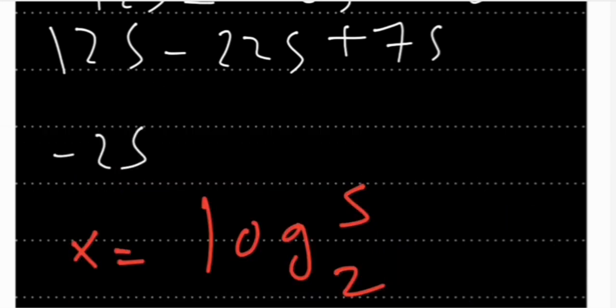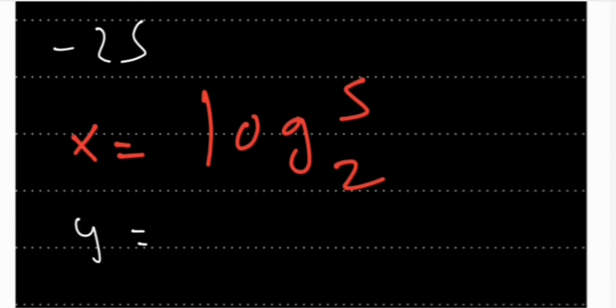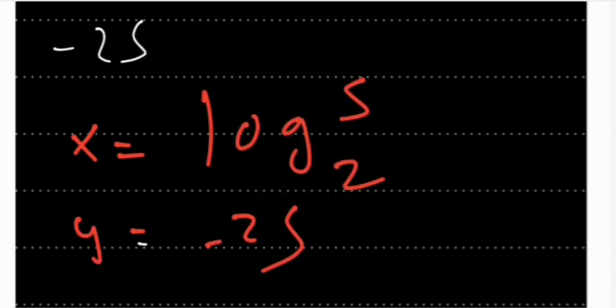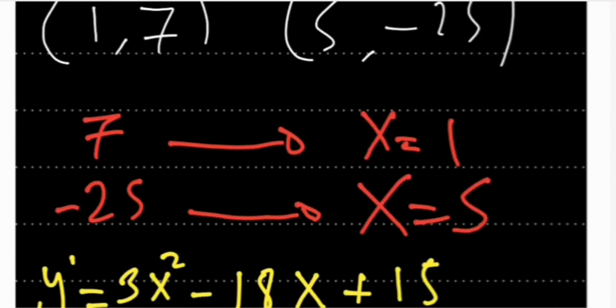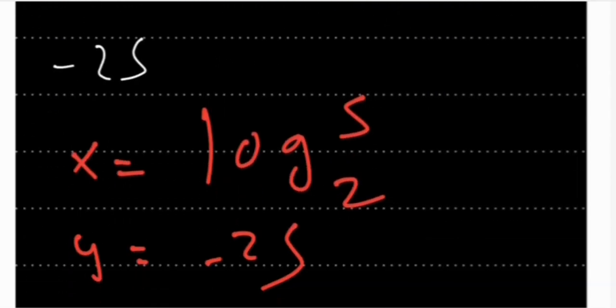And the y, the global maximum, is minus 25. So this is our answer. You put it over here. This is the global minimum, right? We already found the global maximum.